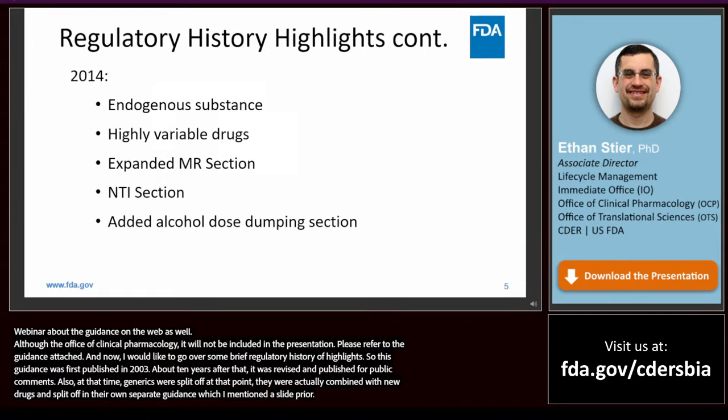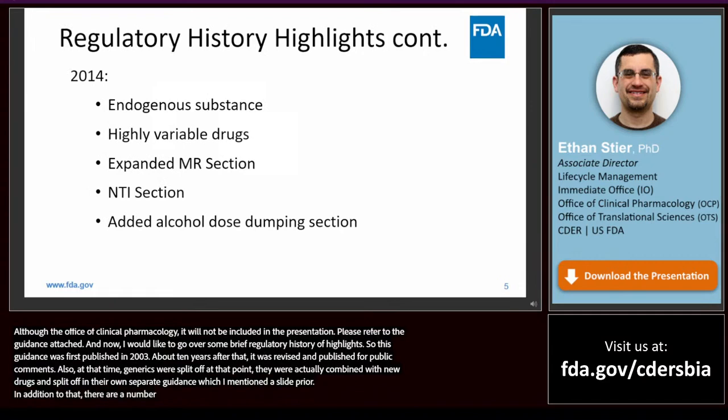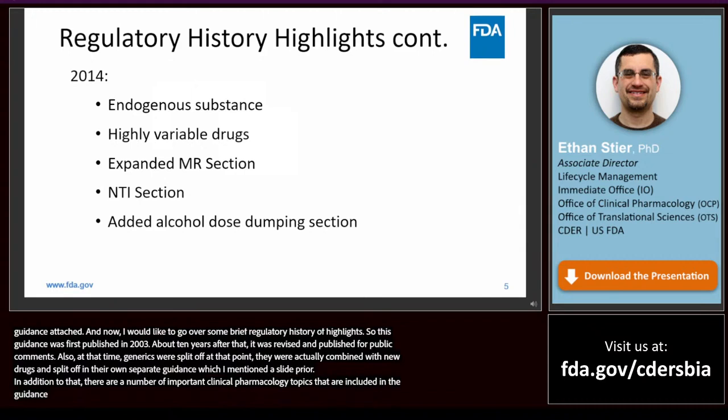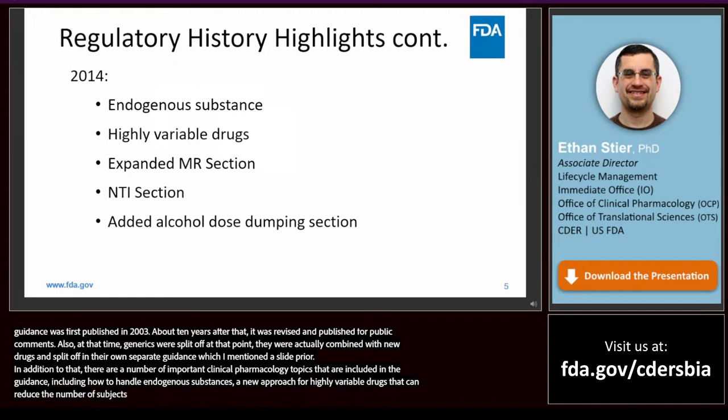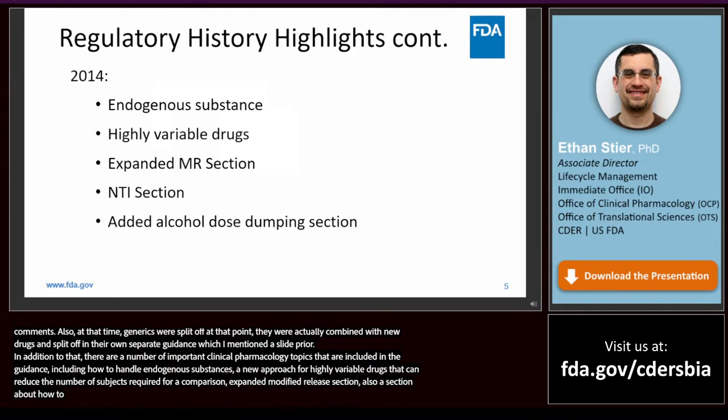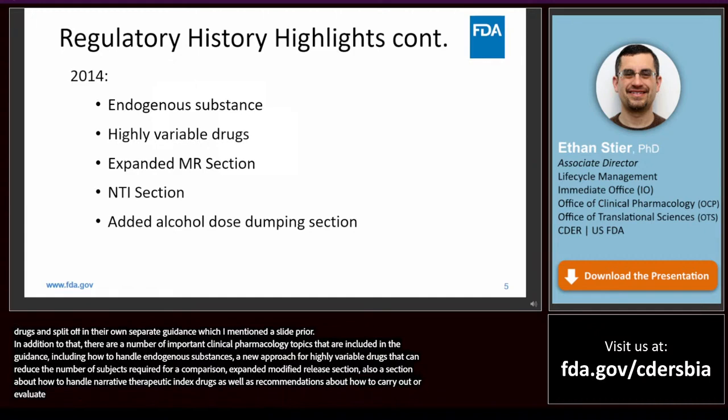In addition to that, there were a number of important clinical pharmacology topics that were included in the guidance, including how to handle endogenous substances, a new approach for highly variable drugs that could reduce the number of subjects required for a comparison, an expanded modified release section, also a section about how to handle narrow therapeutic index drugs, as well as recommendations about how to evaluate alcohol dose dumping risk in formulations.